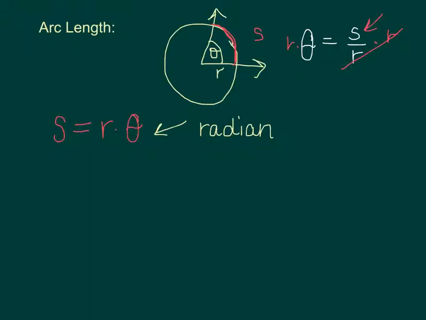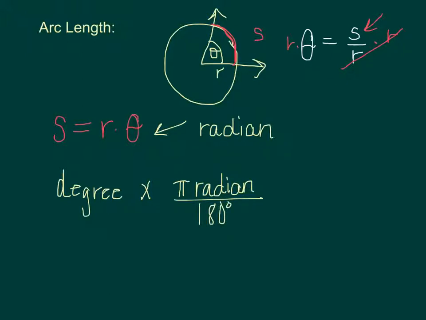Well, don't worry, because we have a formula. If they give you theta in degrees, you're going to take your degree and multiply it by pi radians over 180 degrees.